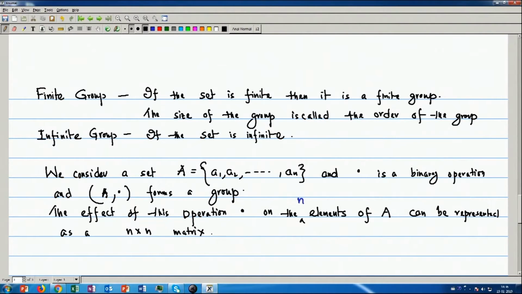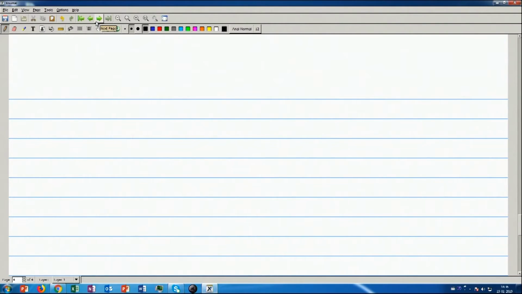And we will see some properties. If it is a group, then directly from the matrix, how we can identify some of the group properties.